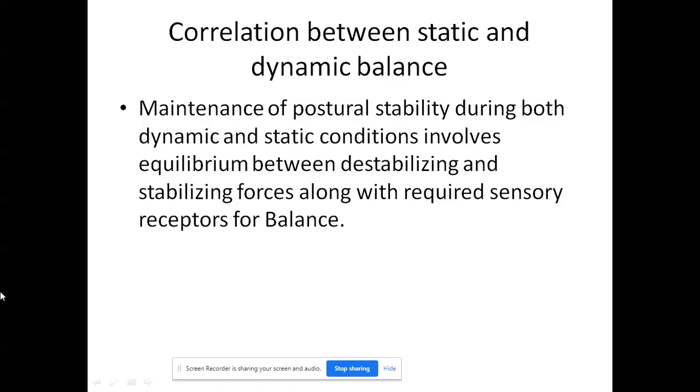This is the destabilizing force occurring on the knee joint. The equilibrium between destabilizing and stabilizing force, along with the required sensory receptors, that is your visual, vestibular, and other proprioceptors, for maintaining balance is the correlation between static and dynamic balance.